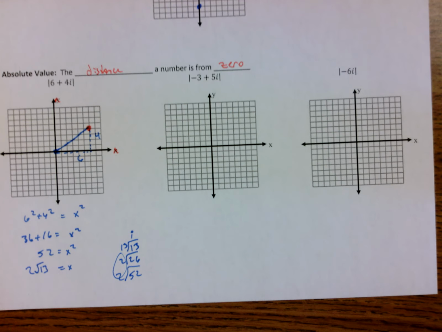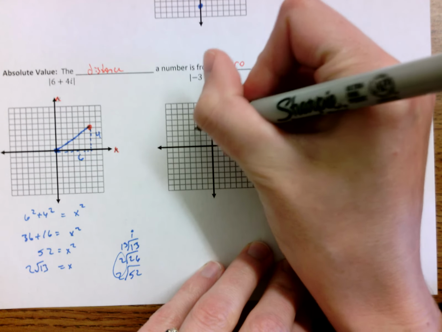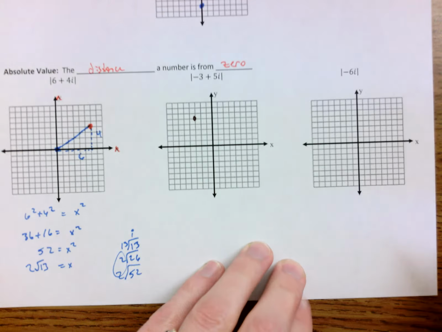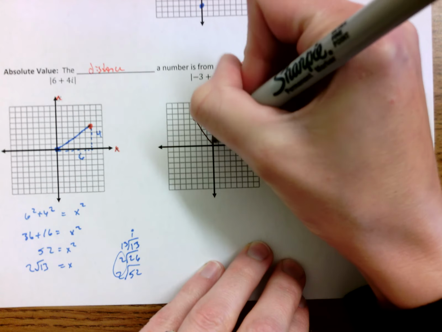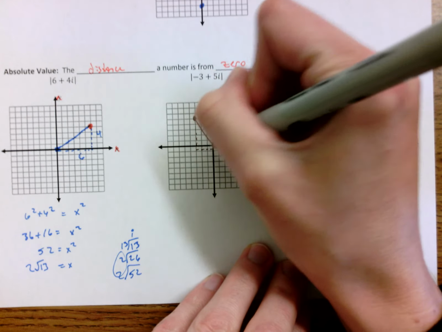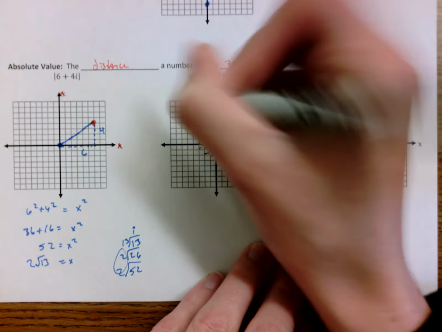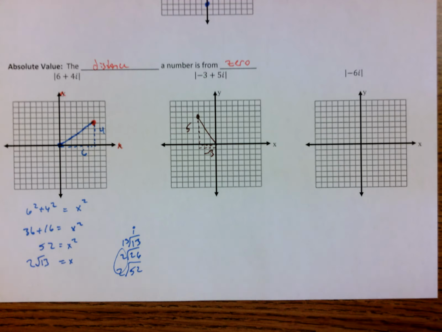Okay, this guy right here, same idea, right? If I were to plot this point, this would be -3 and then 1, 2, 3, 4, 5. So that's that right there. So I'm looking for this distance, and I can build this triangle, right? Where this distance here is -3 and this distance there is 5.